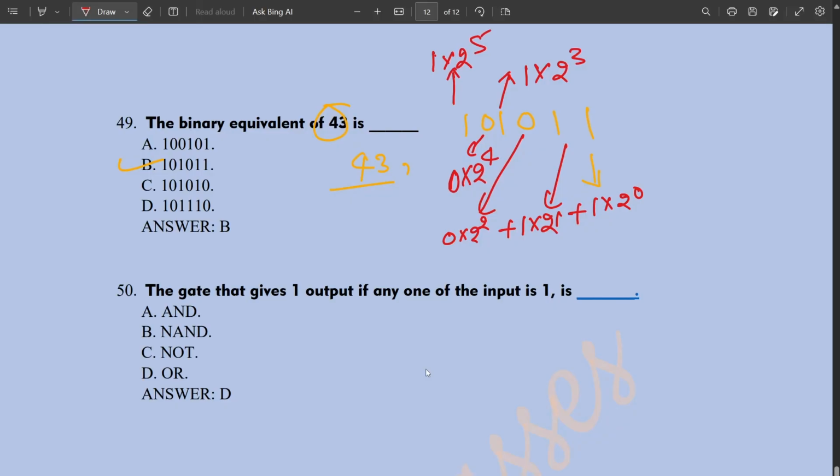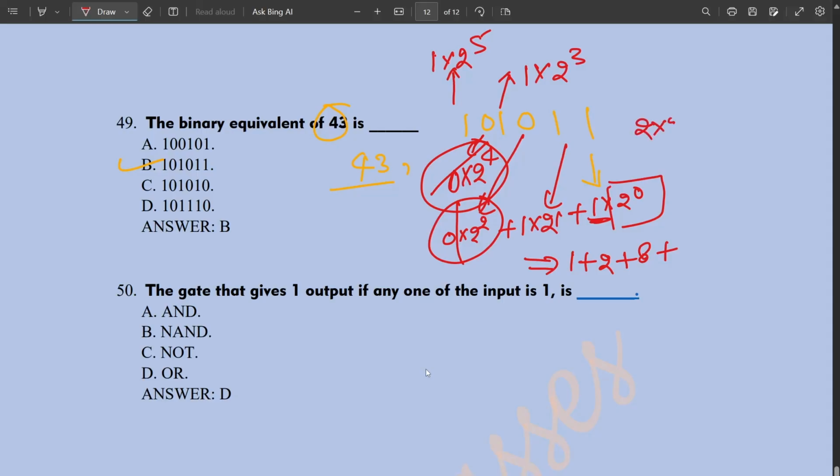Now we add. After adding, what did we get here? 2 to the power 0 is 1. 1 multiplied by 1 is equal to 1, plus 1 multiplied by 2 is equal to 2, plus 1 multiplied by 2 to the power 3, which will be 8, plus 2 to the power 5, 2 multiplied 5 times, 32.